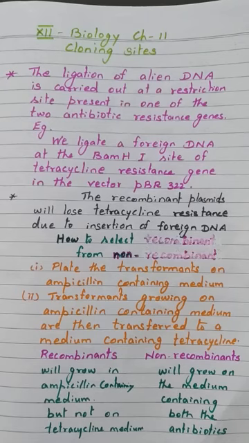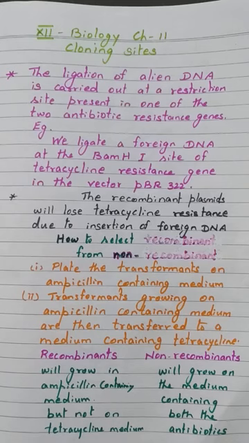What are recombinants? Recombinants are the plasmids with foreign DNA because we need that foreign DNA to get multiplied. And then non-recombinants are the plasmids without this foreign DNA. And also transformants are the hosts that have this recombinant DNA inside.